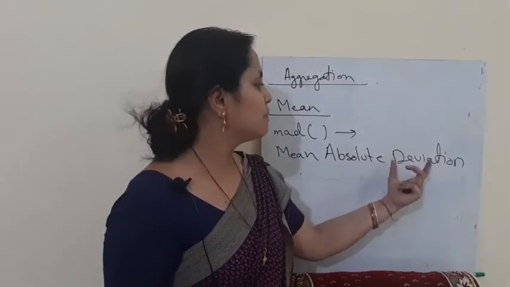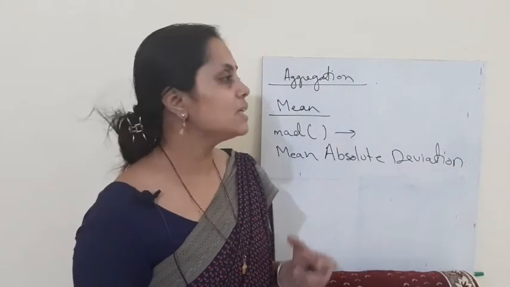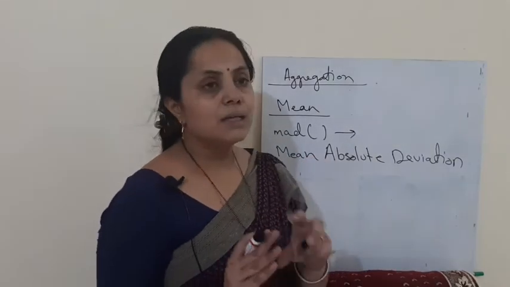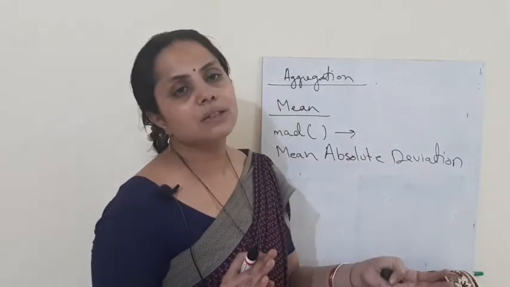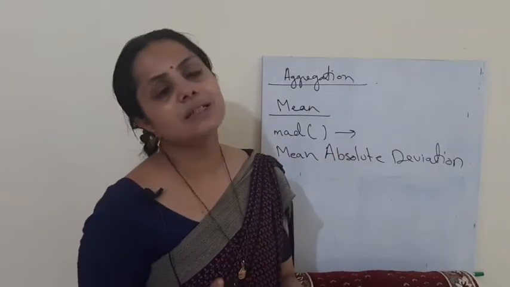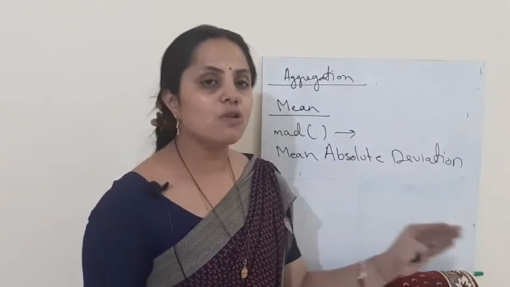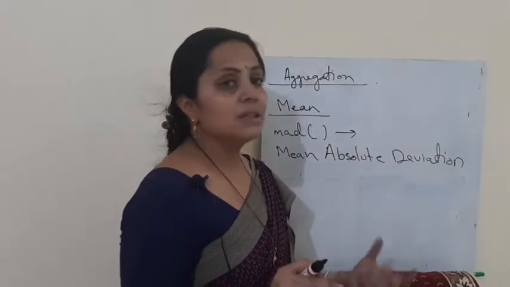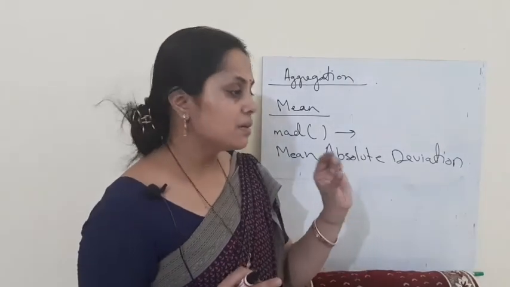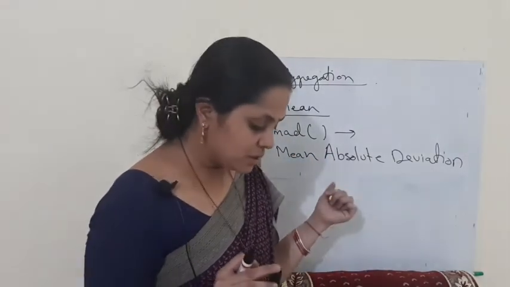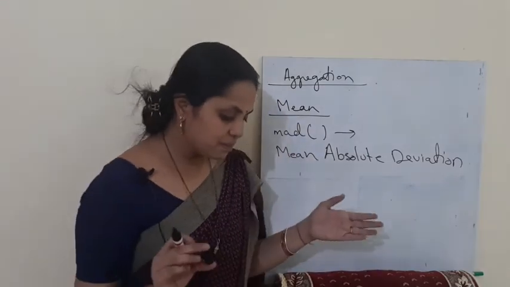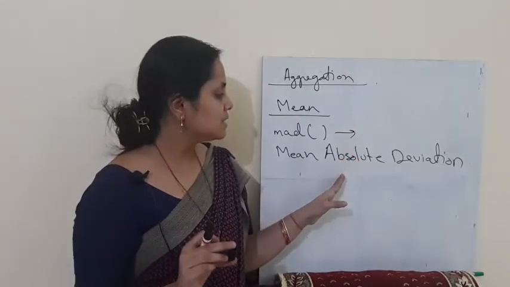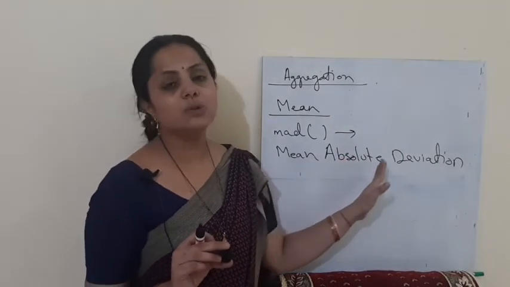Whenever I am analyzing data, it will be on a data set, a range of values. The average difference between the data is known as mean absolute deviation. It is the distance between each data point and its mean.